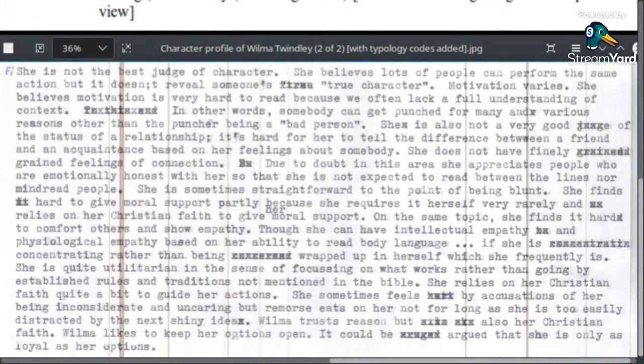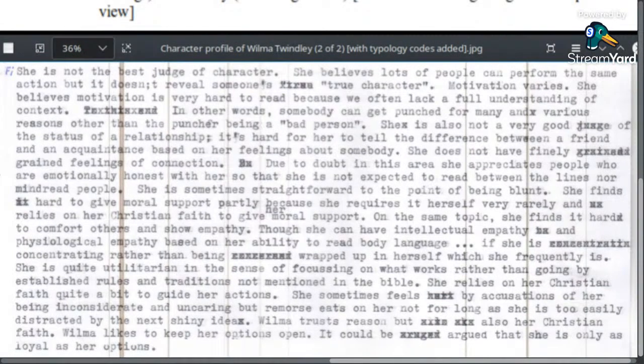She sometimes feels hurt by accusations. Again, I should have put hurt. She sometimes feels hurt by accusations of her being inconsiderate and uncaring, but remorse eats on her not for long. I think I got that from the Galenka profile.